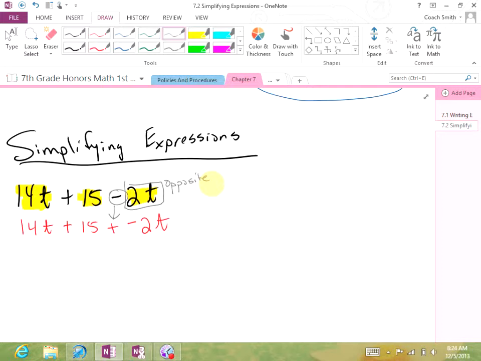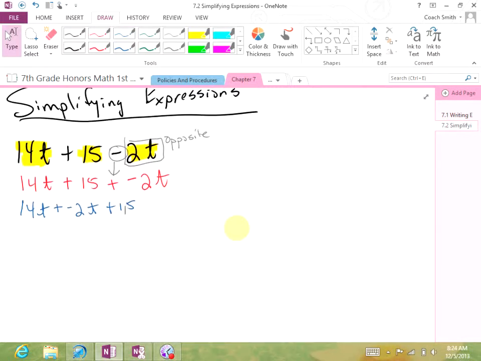Now I'm going to use the commutative property. The commutative property says I can rearrange terms in an addition problem and still come up with the same answer. So that gets me 14t plus negative 2t plus 15. All I did there was take my terms that are alike and put them right next to each other.